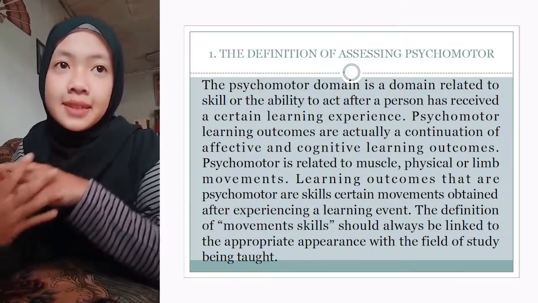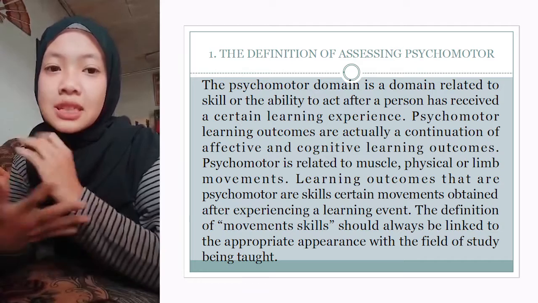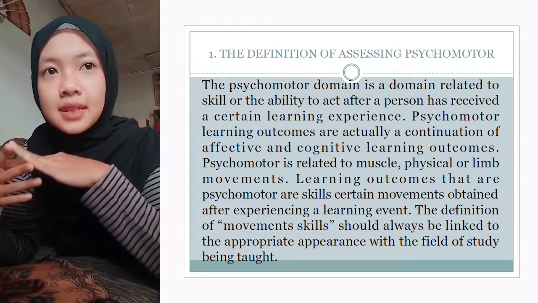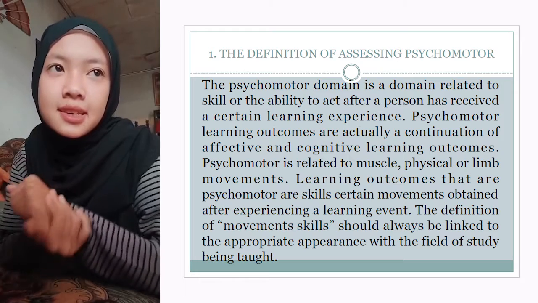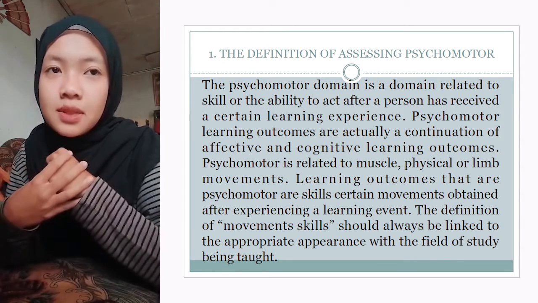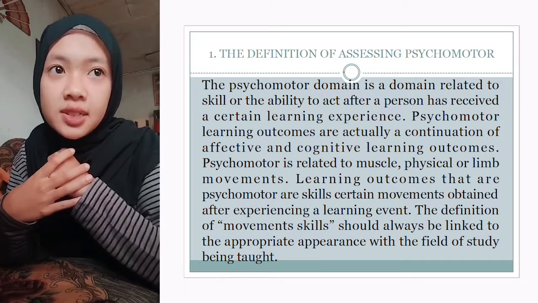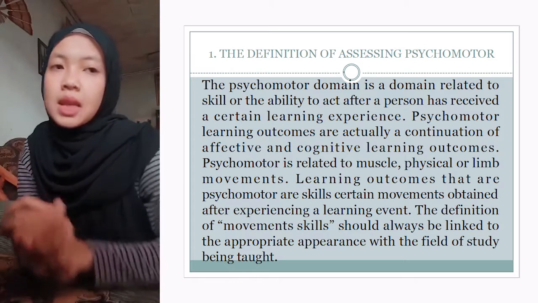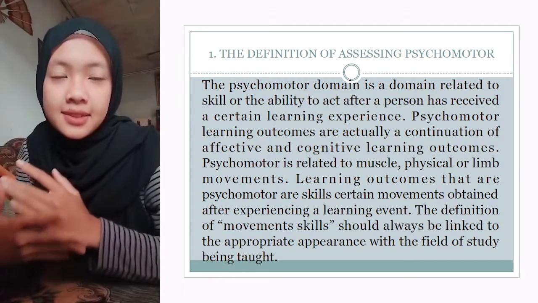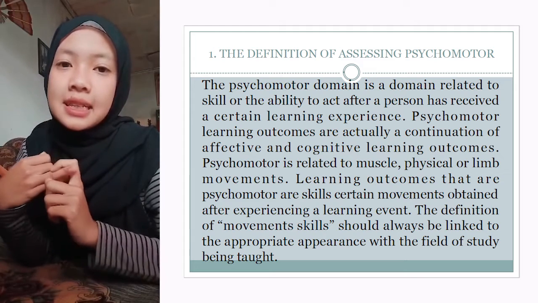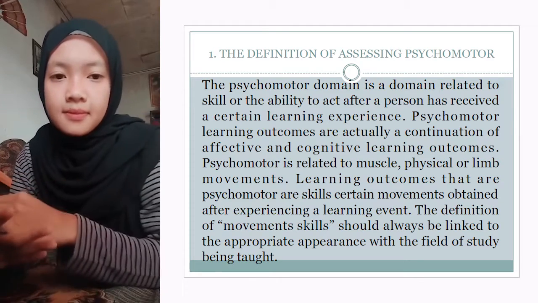Psychomotor domain is a domain related to skills or the ability to act after a person has received a certain learning experience. Psychomotor learning outcomes are actually a continuation of affective and cognitive learning outcomes. Psychomotor is related to muscle, physical, and limb movements.